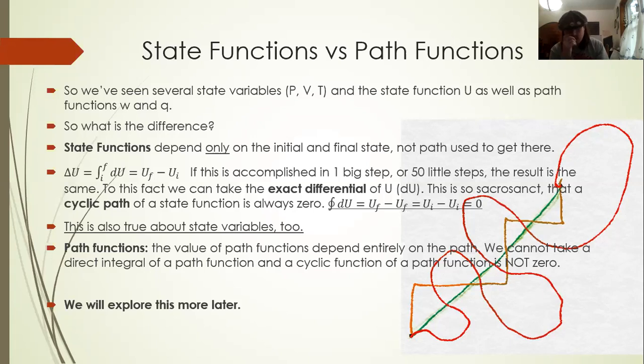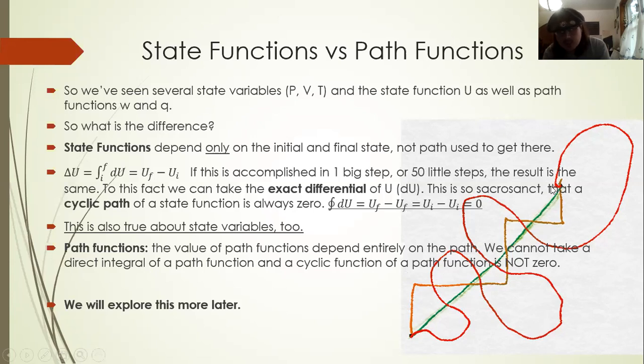So it does not matter how you go about calculating the internal energy, because if I take 5 different steps before I end, so I change that, go over there, change that, go over there, and then there, or if I go one step or go this crazy route, it doesn't matter.